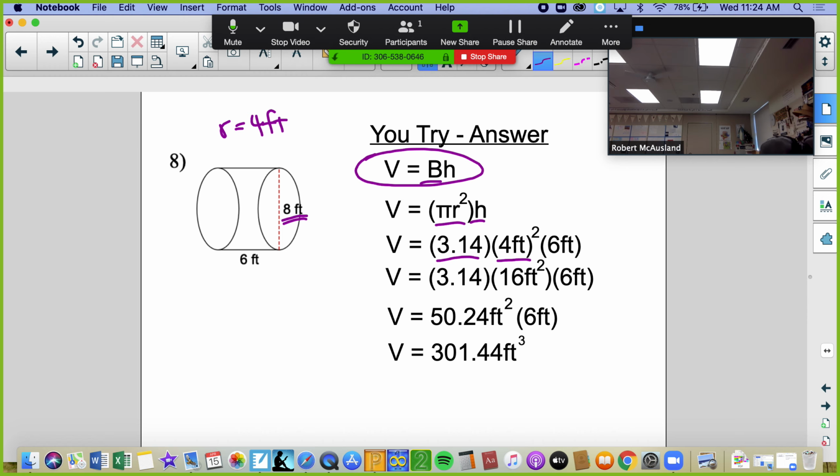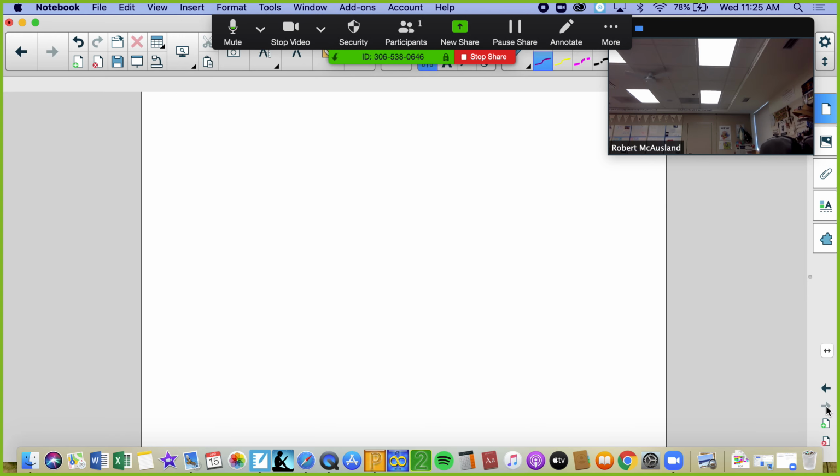We're going to square 4 feet, which is 16 feet squared. 3.14 times 16 feet squared gives us 50.24 feet squared. We're going to multiply that by 6 feet, and we get 301.44 feet cubed.